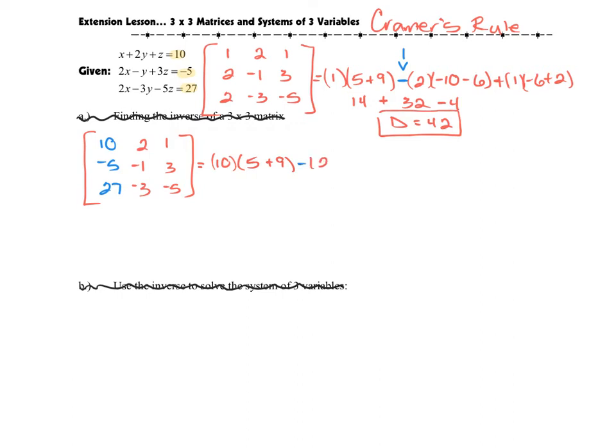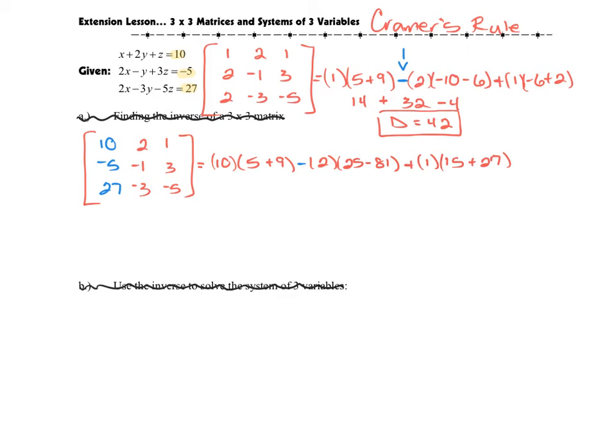Then I'm going to have my 2, and now I'm going to do the determinant of the matrix formed by these pieces, because I'm imagining these are gone. So then I'm going to have that 2 times 25 minus 81. You can certainly pause and check that arithmetic. Plus, my last one is going to be a 1, and I'm going to have my 15 plus my 27.